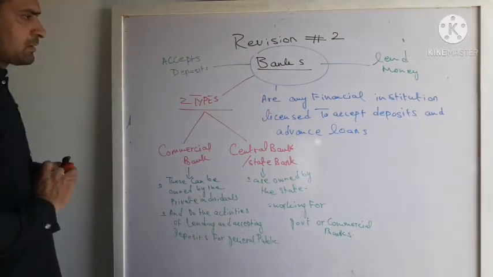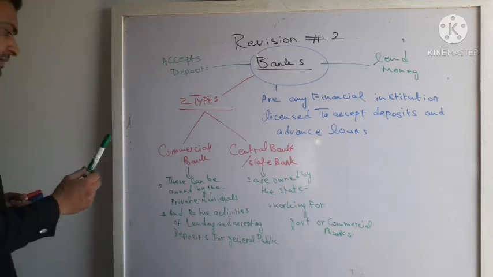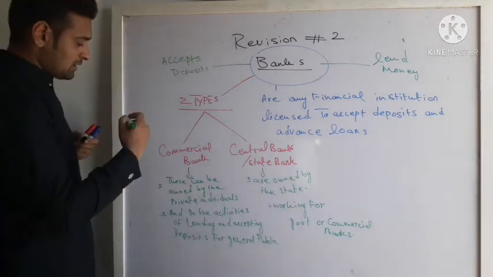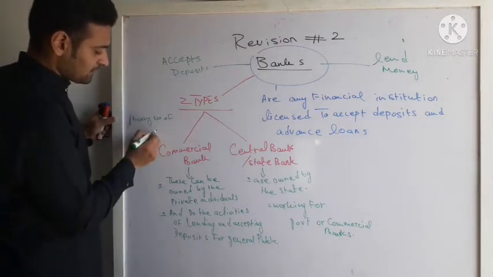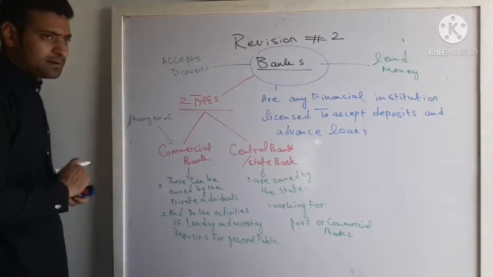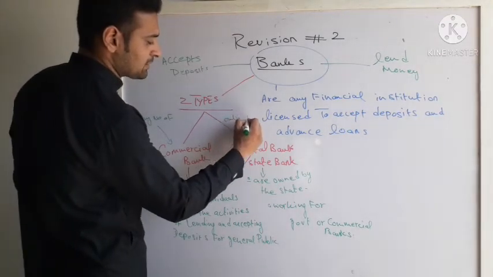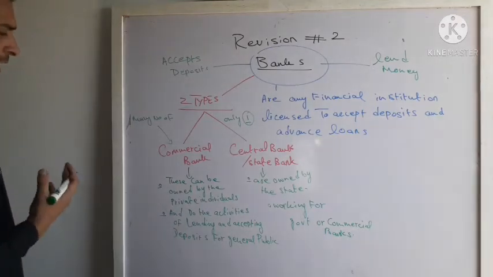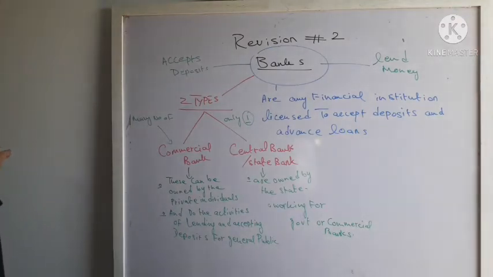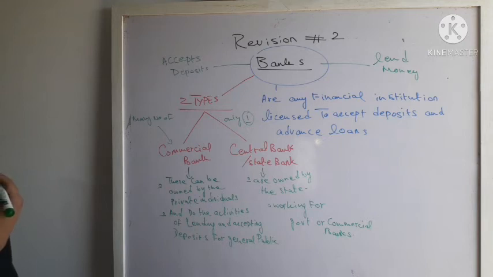So in an economy, there can be many commercial banks, but in an economy there is only one central bank, or the state bank. If we look around us, we have different sorts of banks in our city.